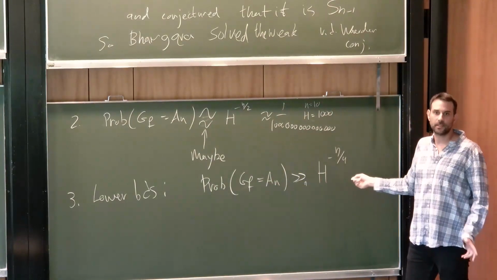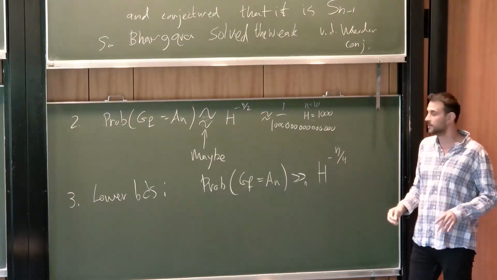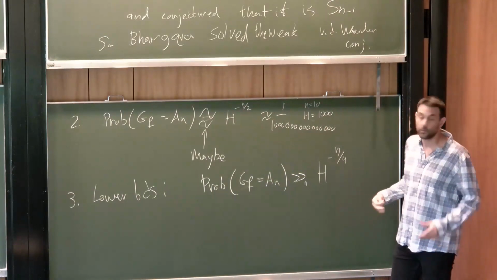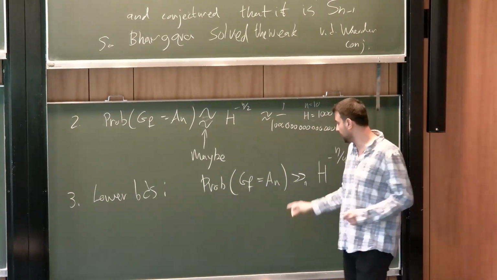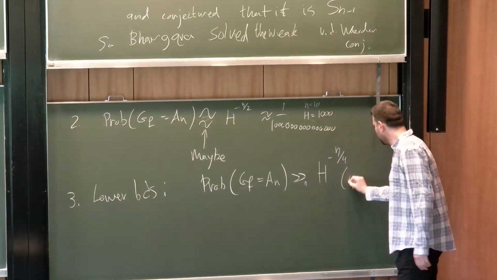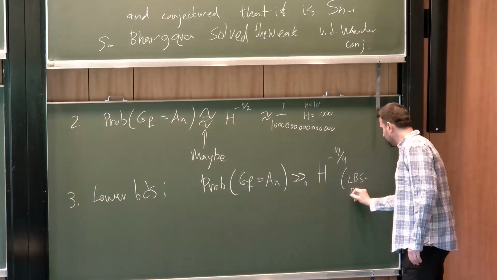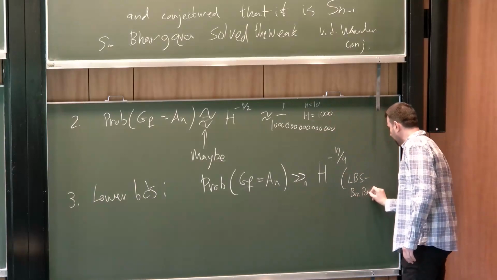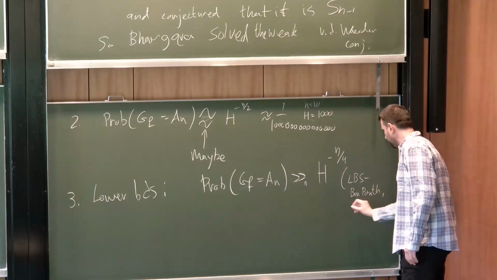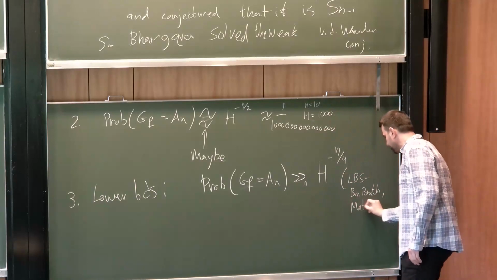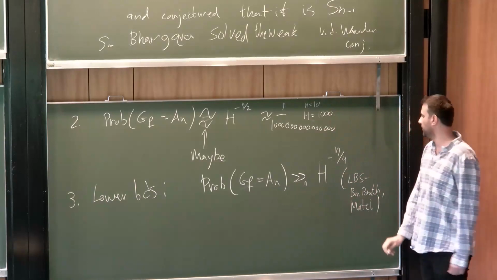Before this, people thought that it would be 1 over H. And this is a result of myself with a student, Ben Forat, and with Vlad Matei, the postdoc, and now he's in Romania.